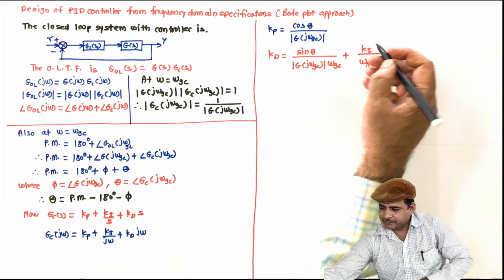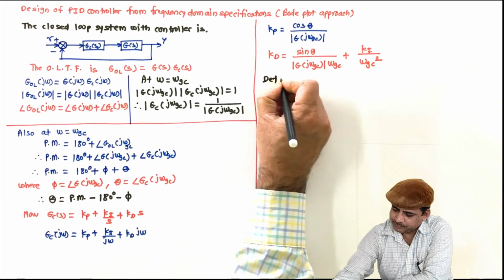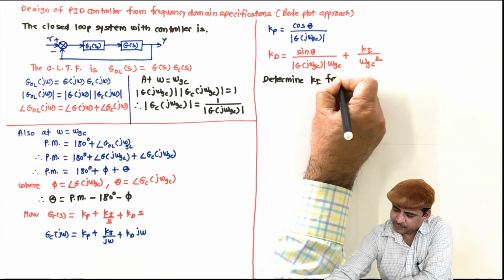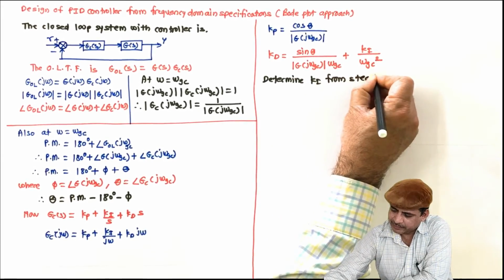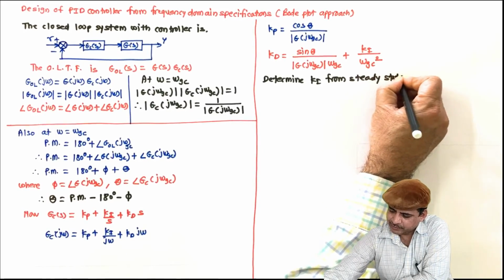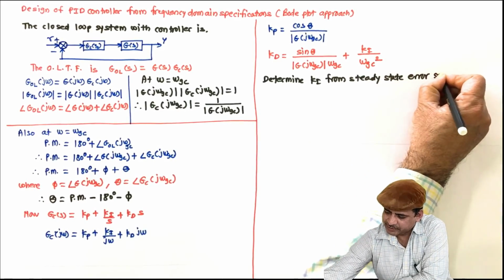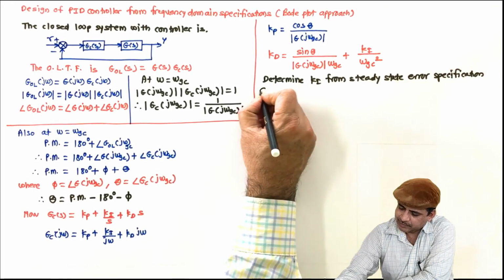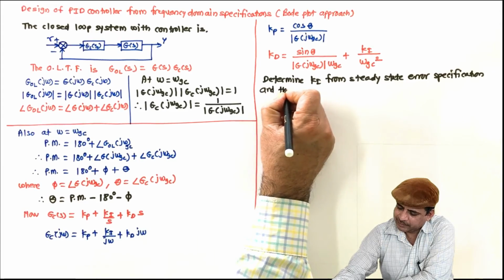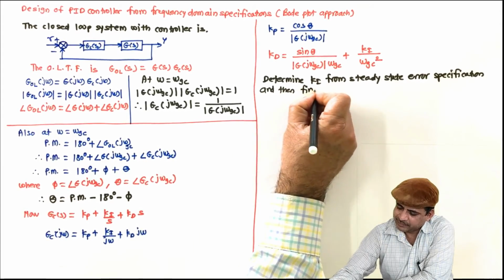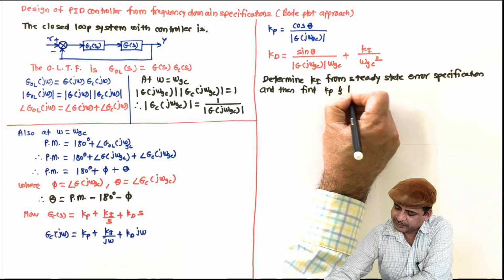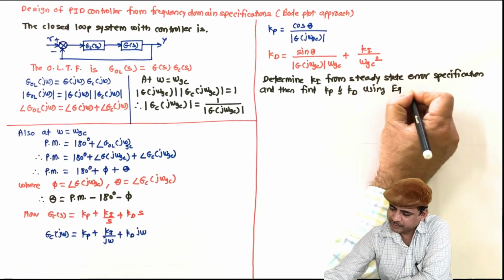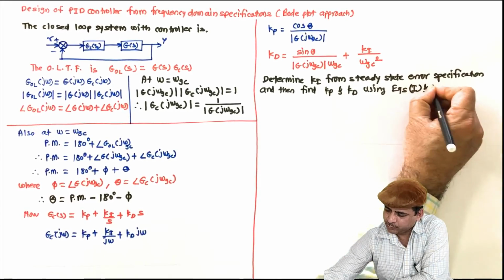So determine Ki from the steady state error specification, and then find Kp and Kd using equations 1 and 2.